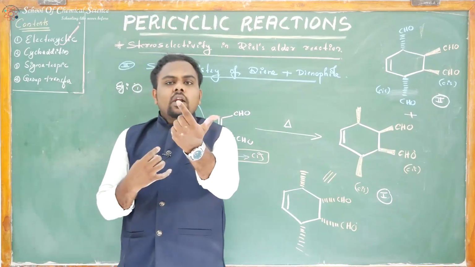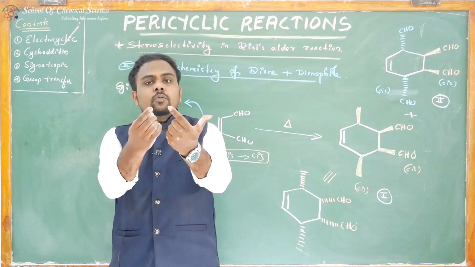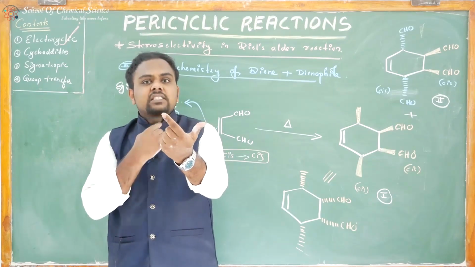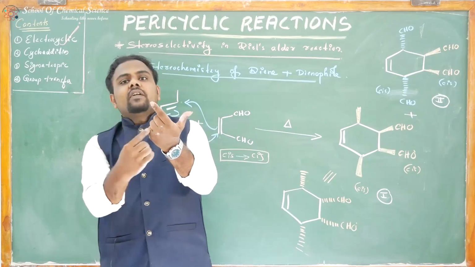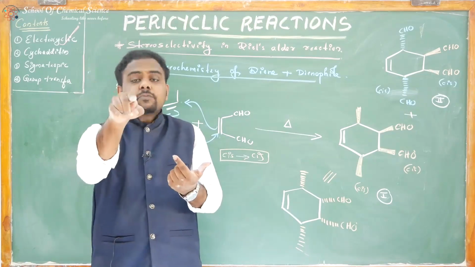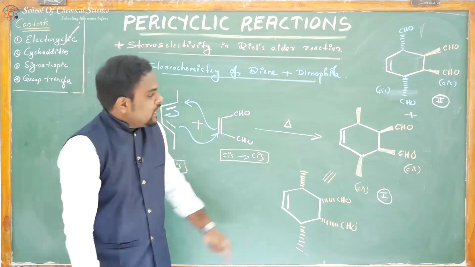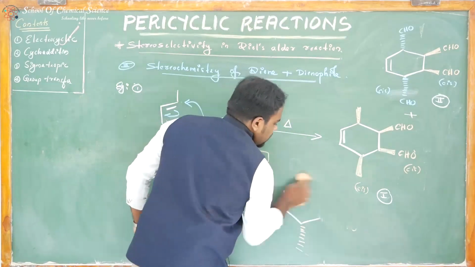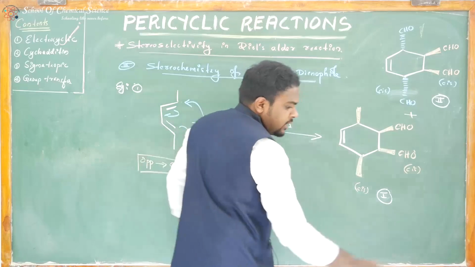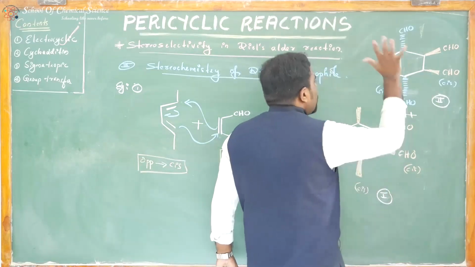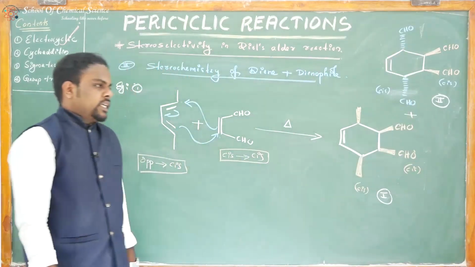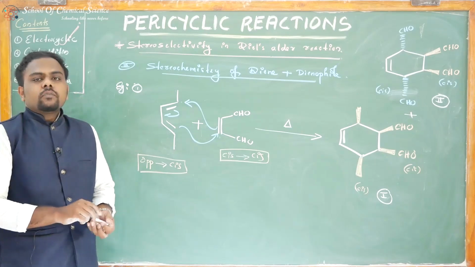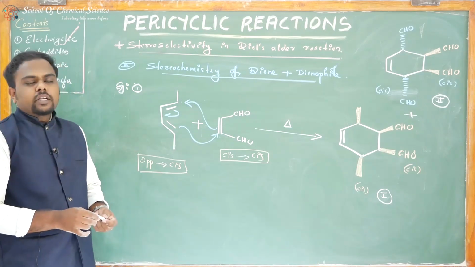When I am looking at a molecule, sometimes the one group will be towards me, towards the observer. At the same time, that will be away from the observer with respect to you. That's relative. So these two structures are identical. So not considering this one. My question, whether product 1 or 2 is the major product. That's my question.